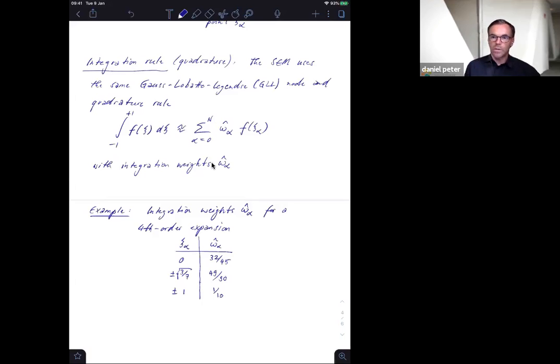In principle, one can use other quadrature rules here, not necessarily this one, which uses the Gauss-Lobatto-Legendre points. We could use other points, Chebyshev collocation points, for example, which Patera was originally suggesting. So he was using a different quadrature rule in his initial spectral element method that he proposed.